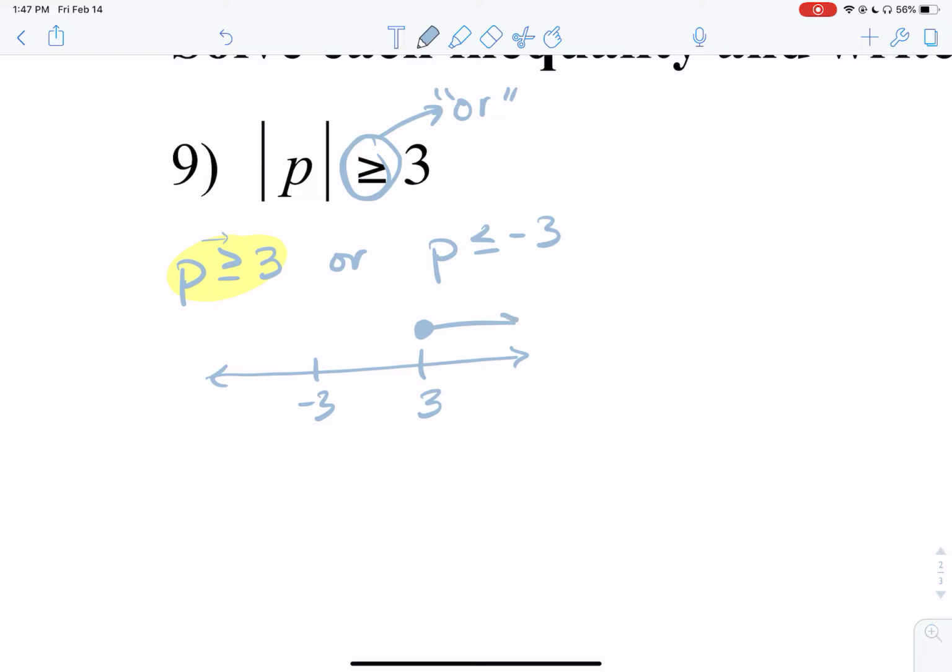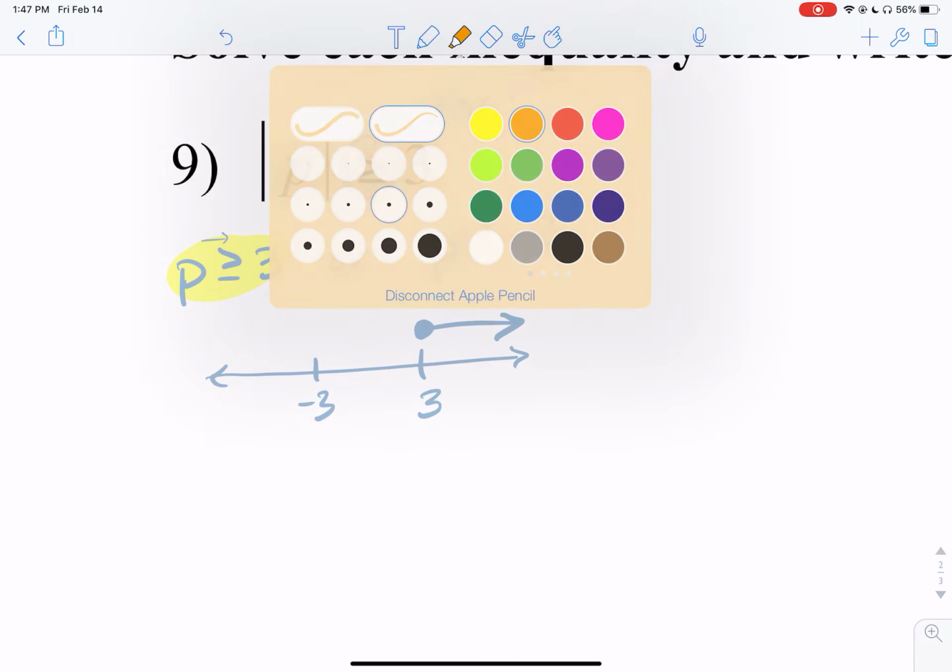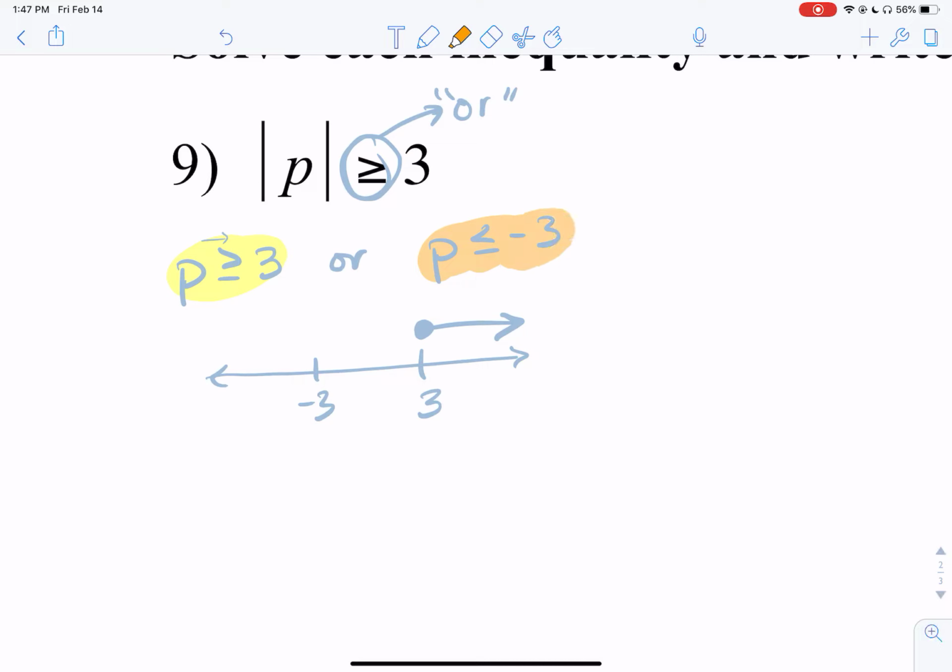So that means the answers are to the right. Greater than, so that's all the numbers to the right. Now if we look at the other one, that is going to have a closed circle as well. And this one has the inequality pointing to the left because that's less than. So all the numbers to the left, less than negative 3. And again, that correlates to having an OR compound inequality.